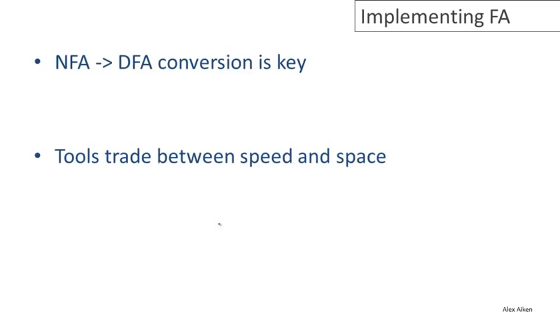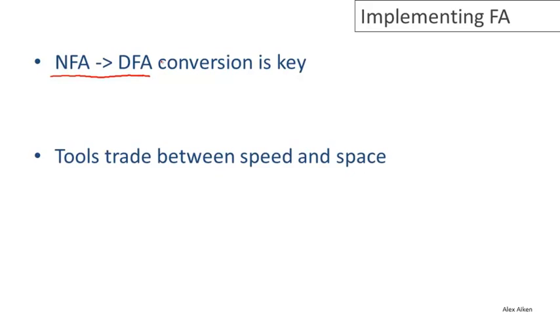To summarize, a key idea in the implementation of lexical specifications is the conversion of non-deterministic finite automata to deterministic finite automata. This is what takes a general high-level specification using regular expressions and converts it down to something that's completely deterministic and only uses a few operations per input character.